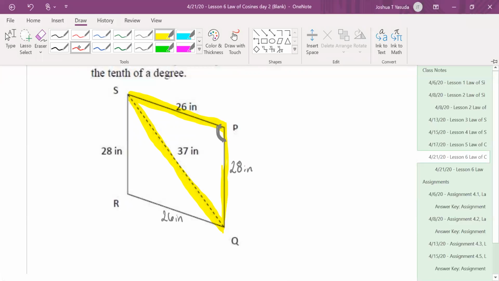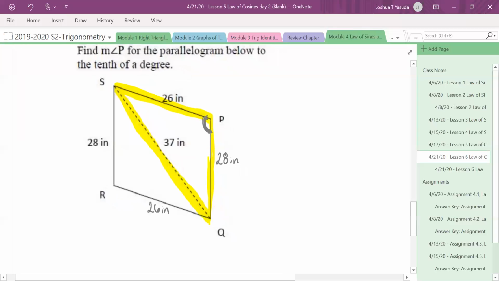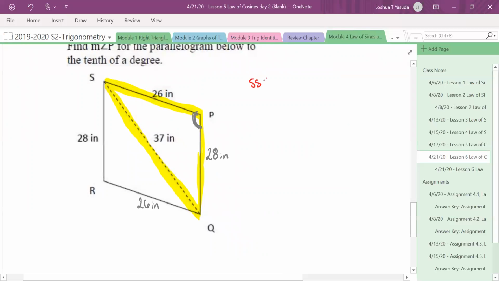Hopefully you are saying yes, because it's side, side, side. If I know all three sides, that means we're going to use law of cosines. So 37 squared equals 28 squared plus 26 squared minus 2 times 28 times 26 cosine of P, because we're looking for angle P.